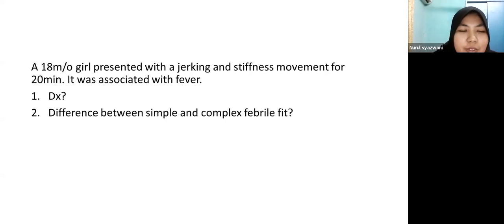Okay. So the diagnosis is true, febrile seizures. To be specific, with the time, we can say complex febrile seizures, but we need to look for the features of the jerky and stiffness. So the difference between simple and complex febrile fit is first based on time.